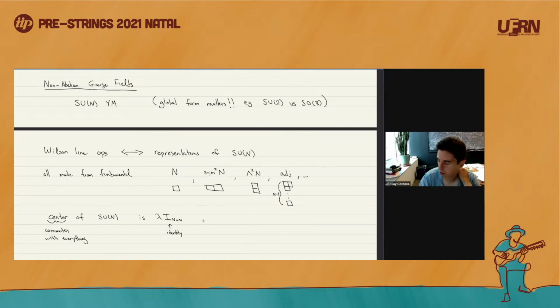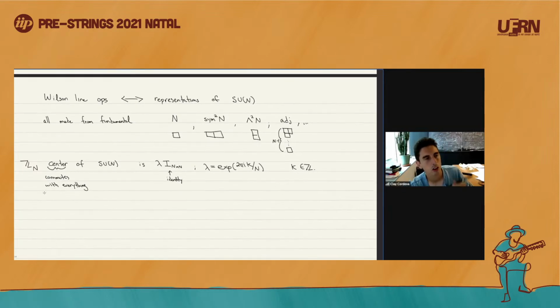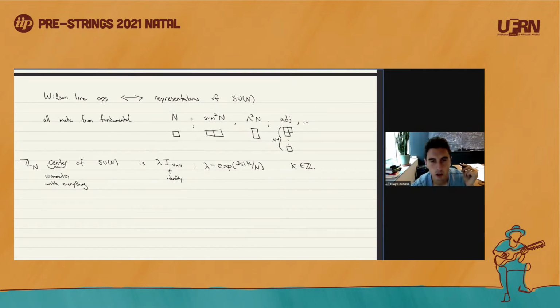And here, in order for this to be in SU(N), lambda should be an nth root of unity. So in SU(N), there is this nice Z_n subgroup. This is the Z_n center of SU(N). There's a Z_n subgroup that commutes with everything. And so when we're looking at representations, we can think about how they behave in particular under the center.